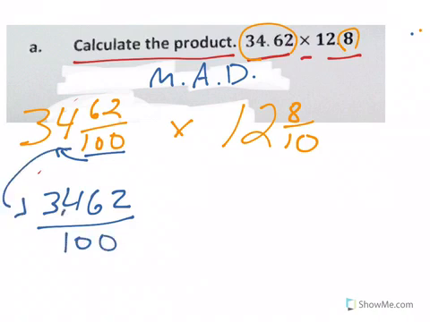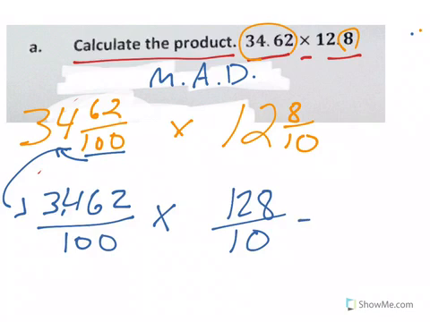So I have 3,462 over 100 times, back over here, 10 times 12 is 120, plus 8 gives me 128. Denominator stays the same, so we have tenths.